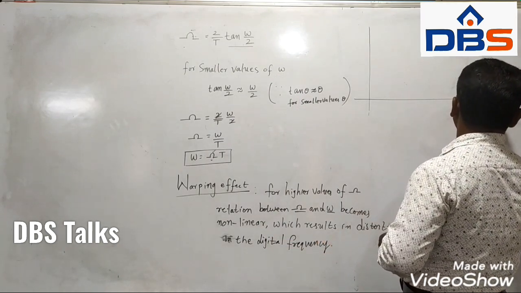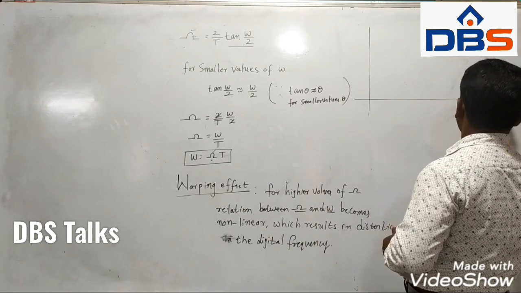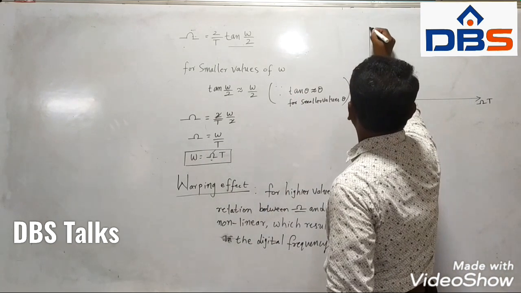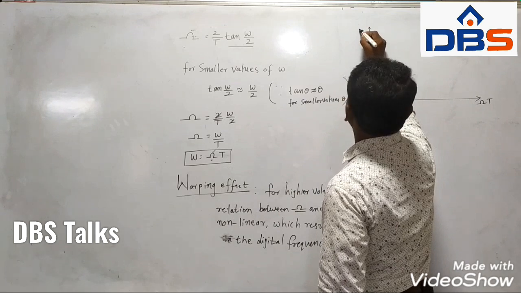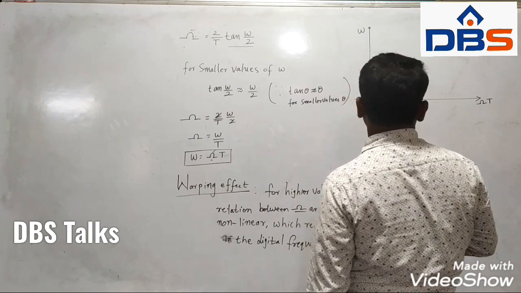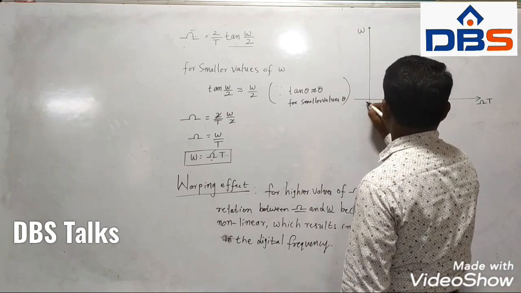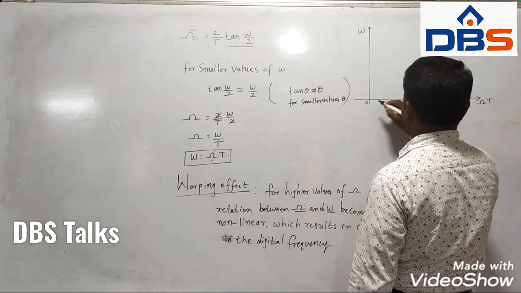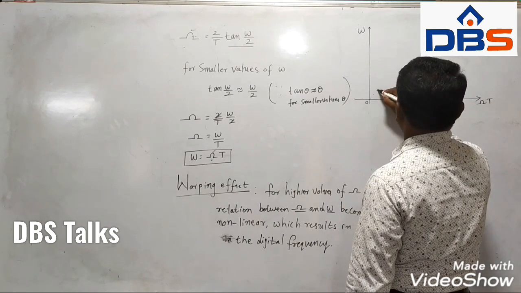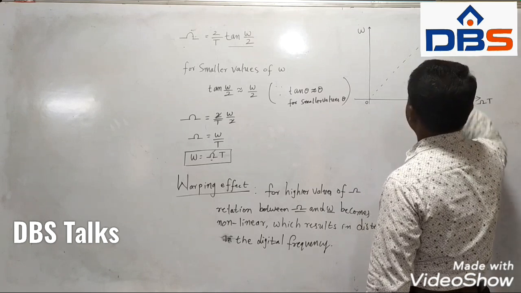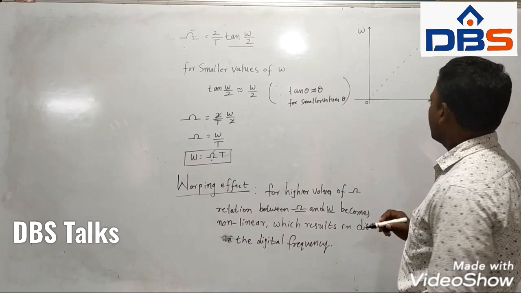That relation, omega t, on the x-axis, and on the y-axis it is digital frequency. Now what happens is, slowly as you are increasing this omega, this is the linear relation.